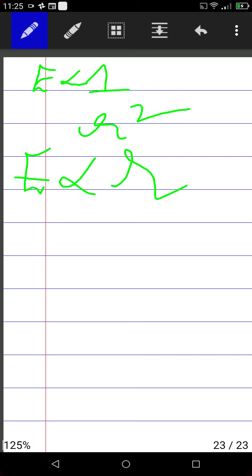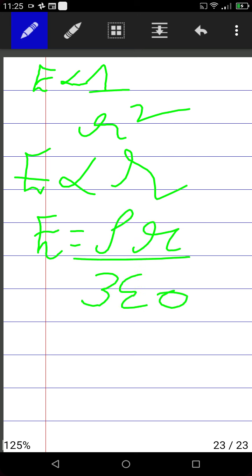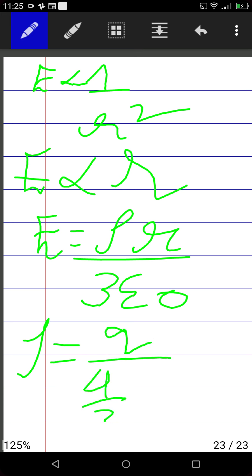In many books we see that this E value of an insulating sphere is given in terms of K. So we will also write in terms of K. Rho r by 3 epsilon naught. What is rho equal to? Q by 4 by 3 pi r cube. You may get a doubt why I am considering capital R, not small r here.